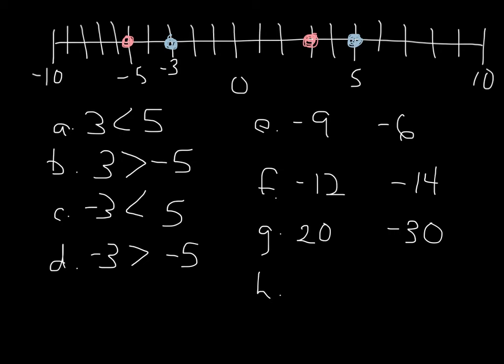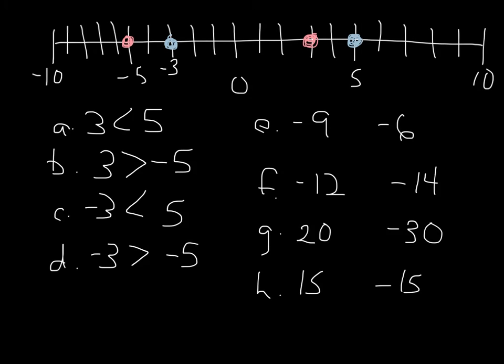And on H, compare 15 and -15. Now I believe you can probably do the last 3 without using a number line, but if you need to, you can always extend your number line. Remember that just because we stopped at -10 and +10, it actually goes from -infinity to +infinity. So go ahead, pause the video, answer these questions, and then check, and we'll see if we have the same answers.